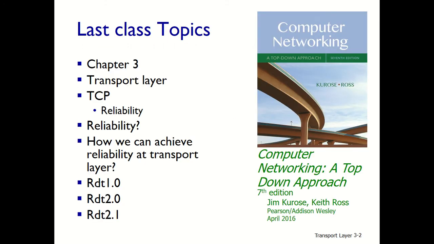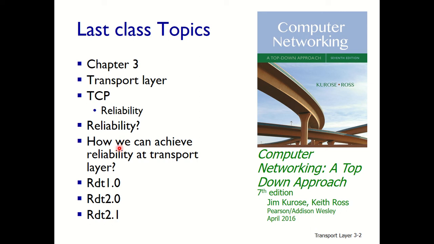So if you do remember, in the last class we had discussed chapter number 3. It was about the transport layer, and we had discussed TCP. In TCP we have reliability. Before discussing how TCP achieves reliability, we discussed what reliability is and how it can be achieved at the transport layer.